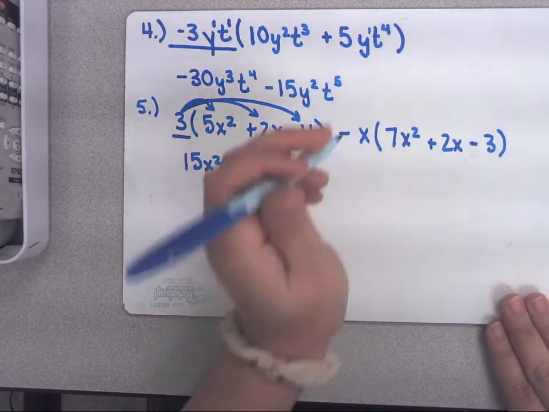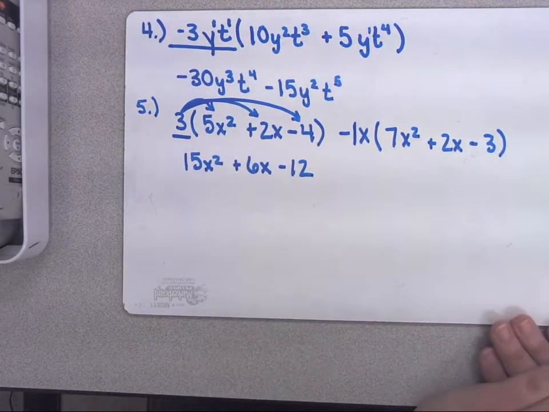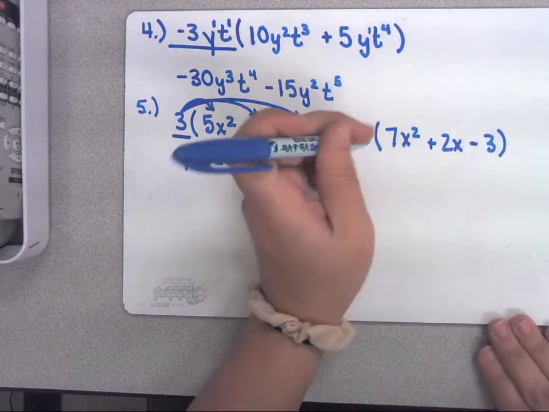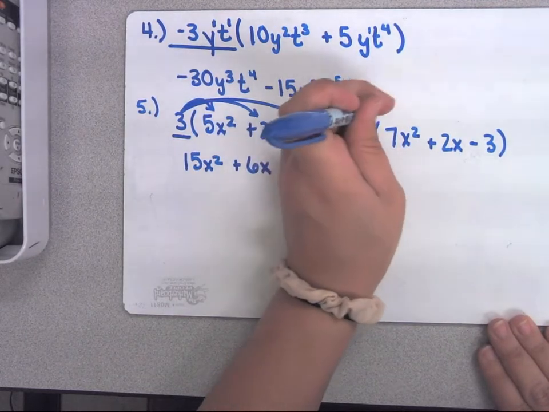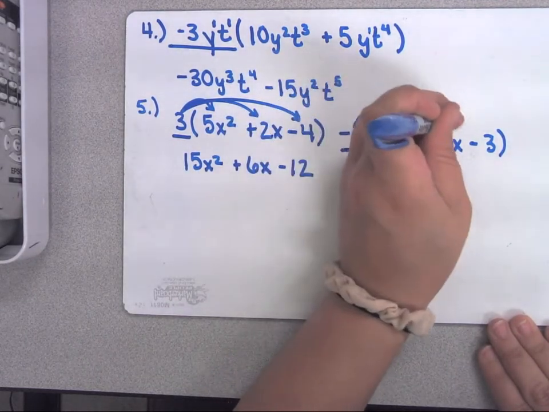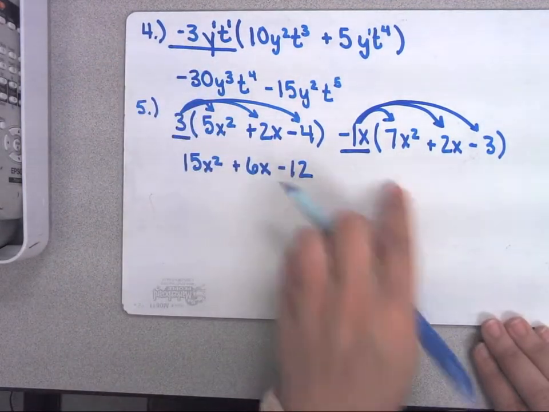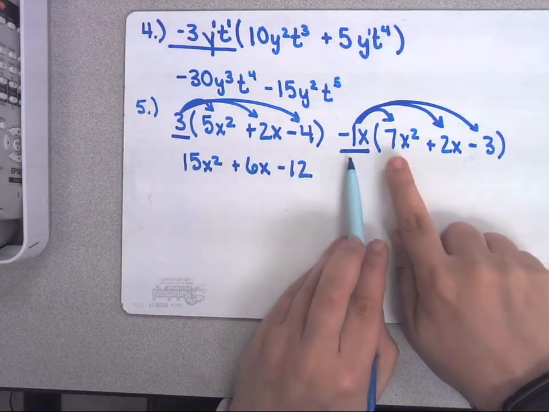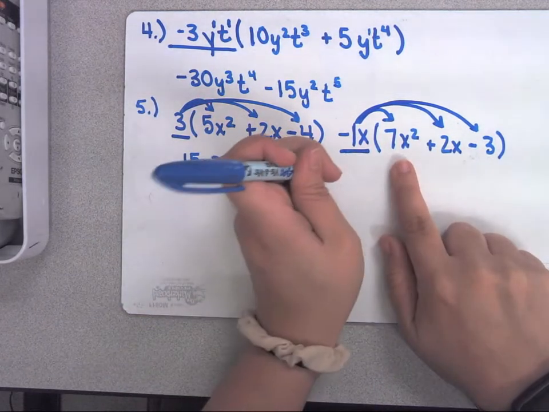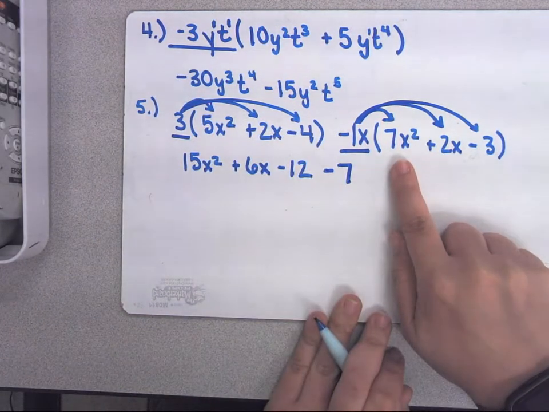Now the second part, this is technically a -1 and an x. Now we're going to take this and distribute into the second part. So you have to multiply just like above. Multiply the numbers first, then the variables. So the numbers first, -1 and 7. You get -7.